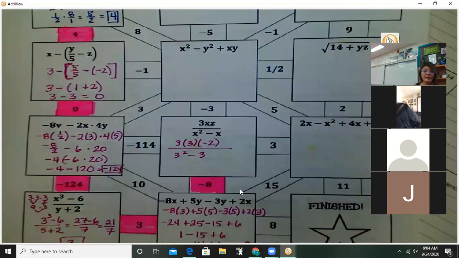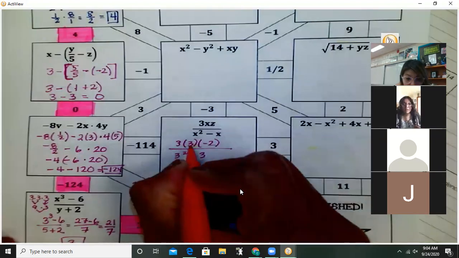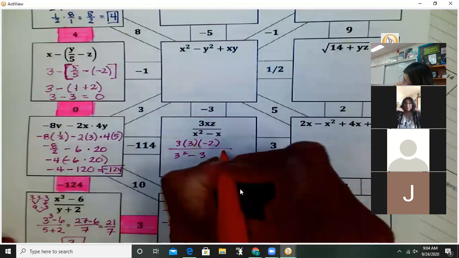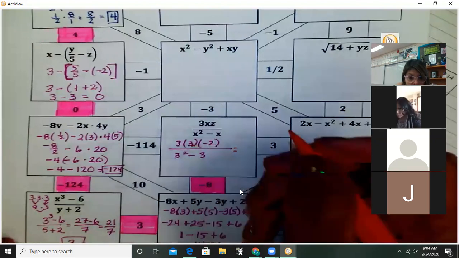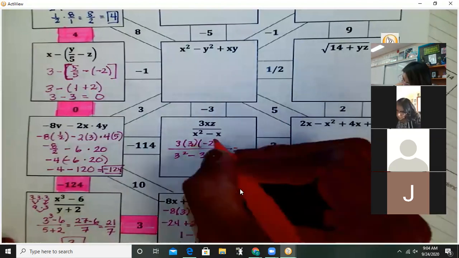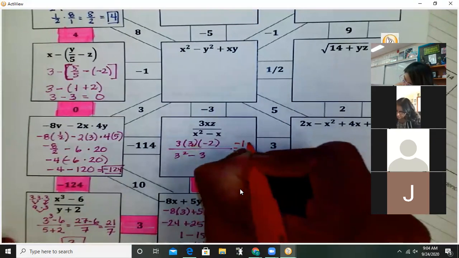Now, before I said I would like for you to do everything in the numerator first. So that means everything on top I want you to do first. So this will be 3 times 3 is 9. 9 times -2 is -18.